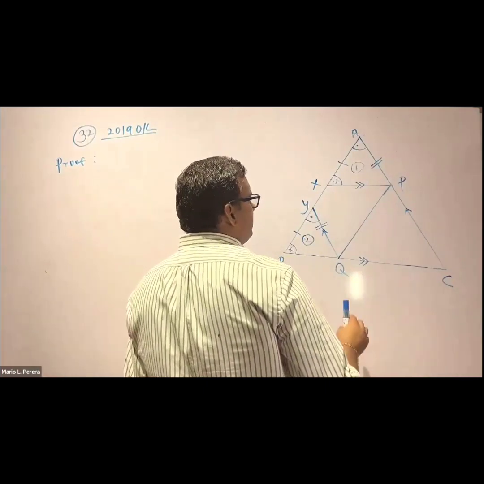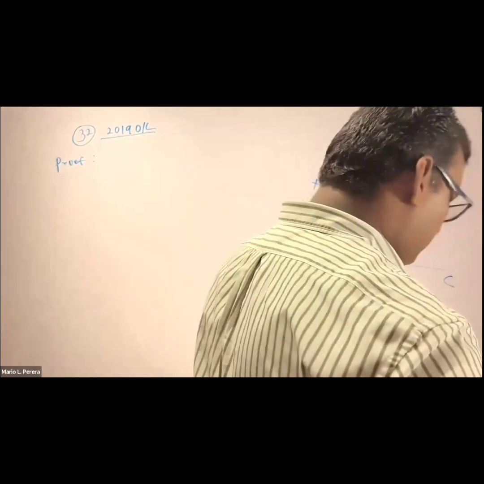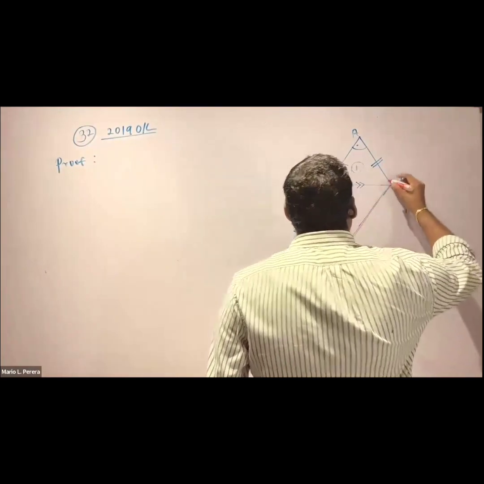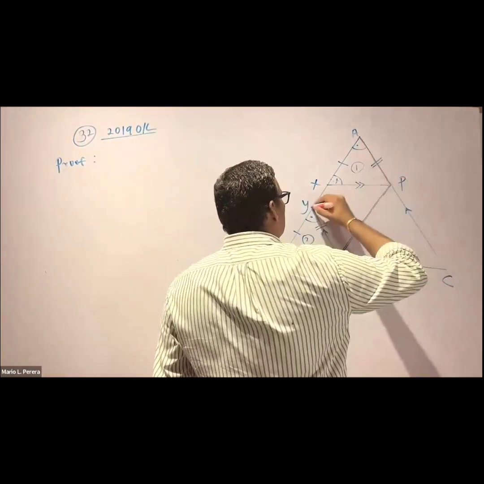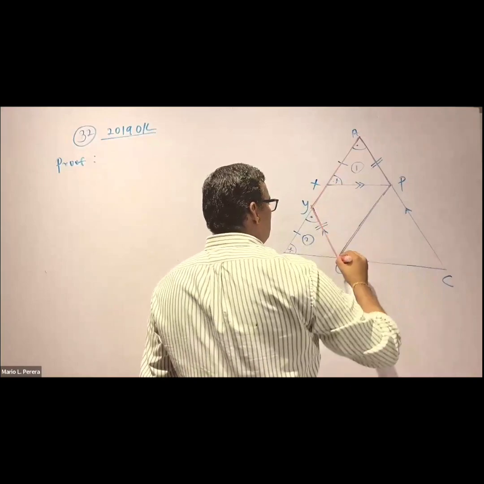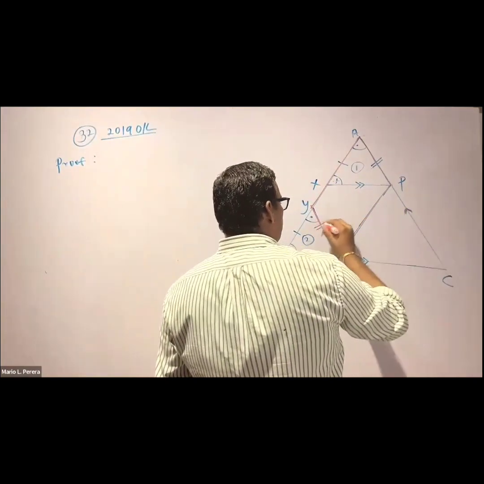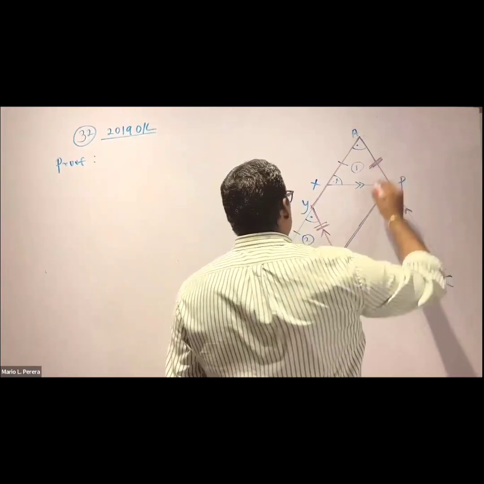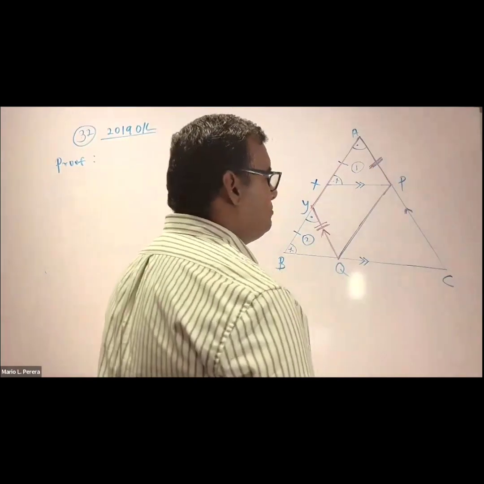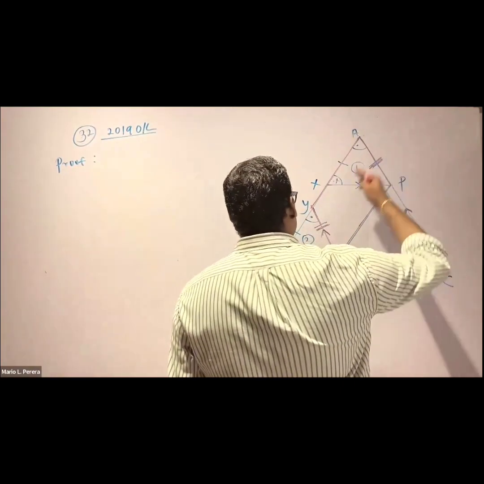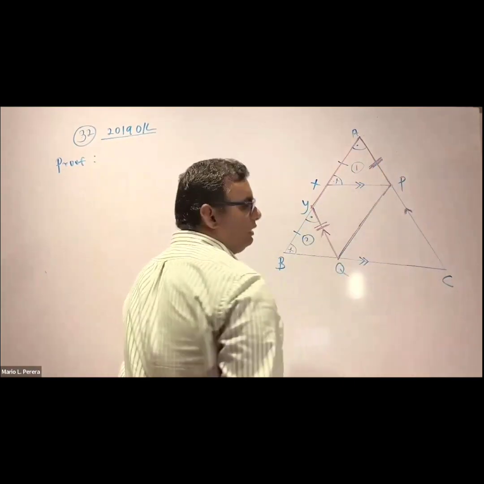Now you can see in this quadrilateral, the same two sides are parallel and also equal. So there is a parallelogram theorem you have learned that if one pair of opposite sides are equal and parallel, it's a parallelogram.